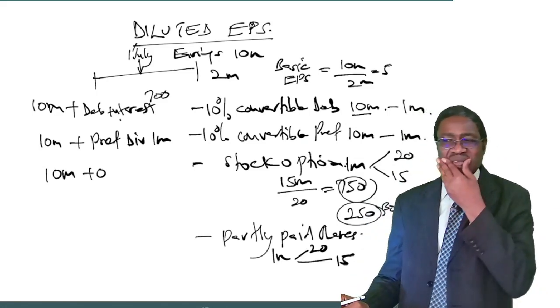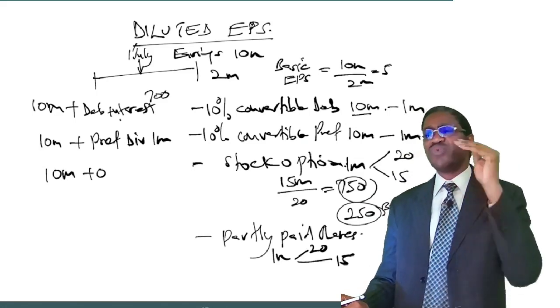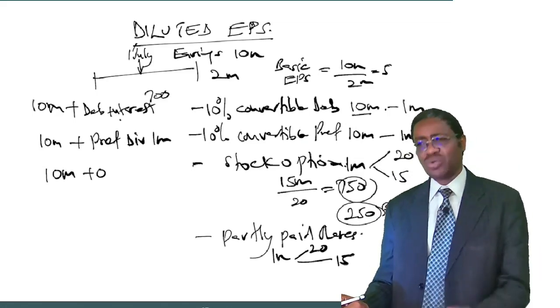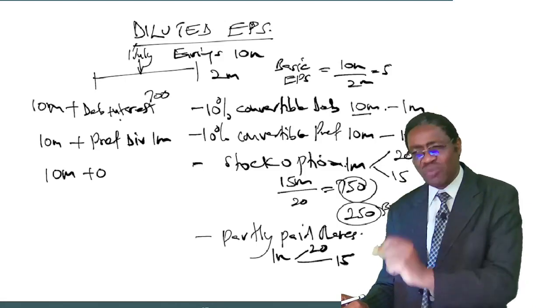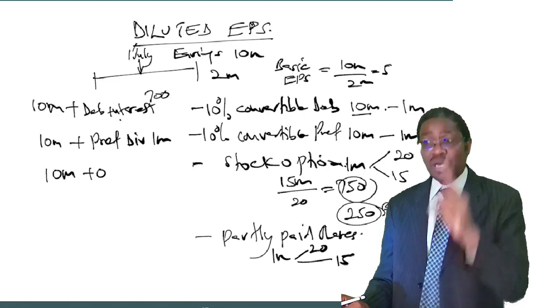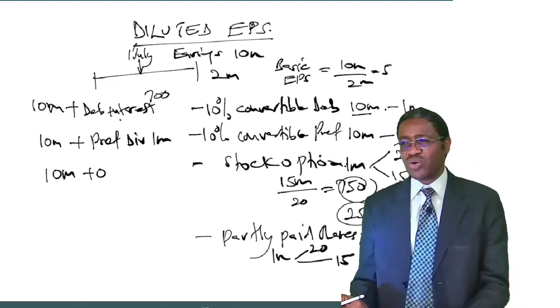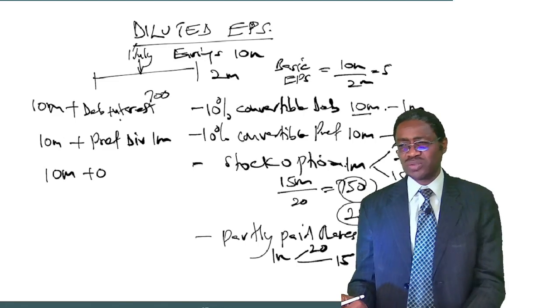So when we were computing the diluted earnings per share, and we came across a scenario where your company, by the end of the year, has partly paid shares, we said partly paid shares are considered to be dilutive only when one condition is met. What was that condition?